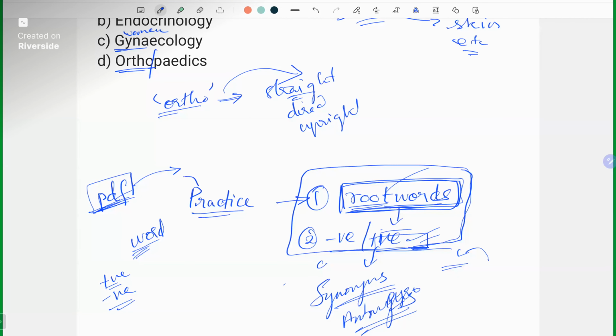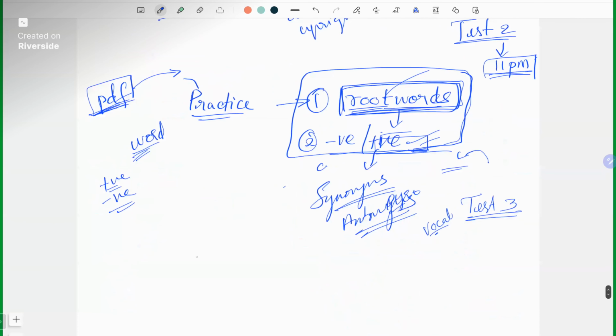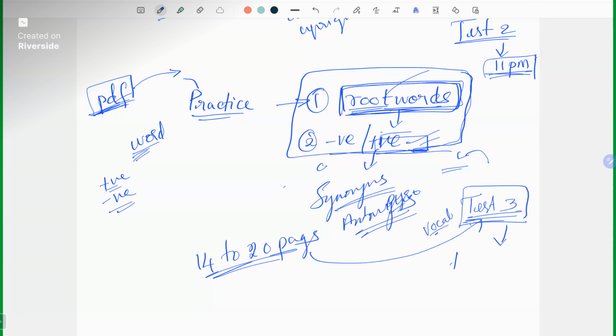Also, test 2 will expire today at 11 p.m. Make sure you attempt it. It needs a few minutes. And test 3 will be open on vocab. I gave you a daily target of 14 to 20 pages, no? Test 3 will be from that. It will be open till tomorrow 11 p.m. Make sure you attempt that also.